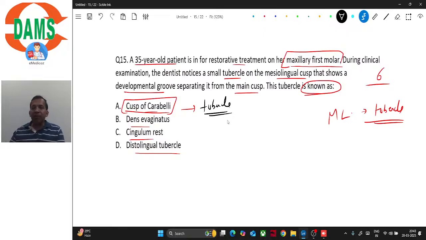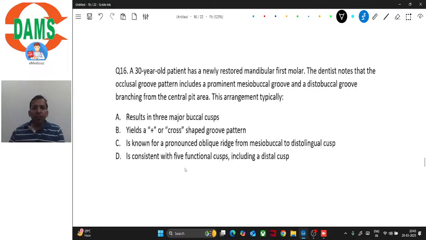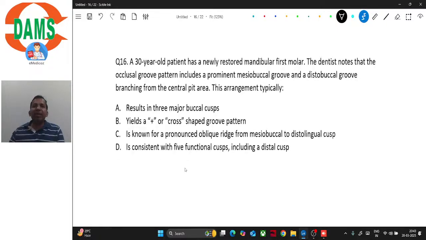Cusp of Carabelli or dens vaginatus, they are both classified as a tubercle. Clear? So even Talon's cusp is classified as a tubercle. So be it cusp of Carabelli, dens vaginatus, or Talon's cusp, they are all classified as tubercles.